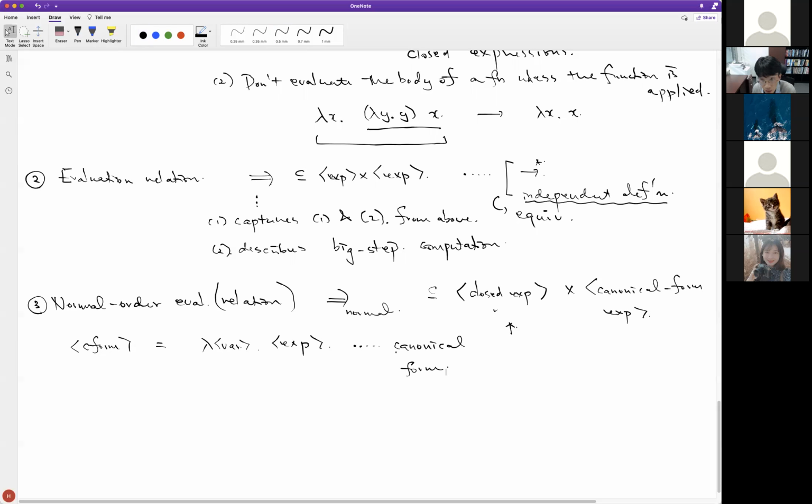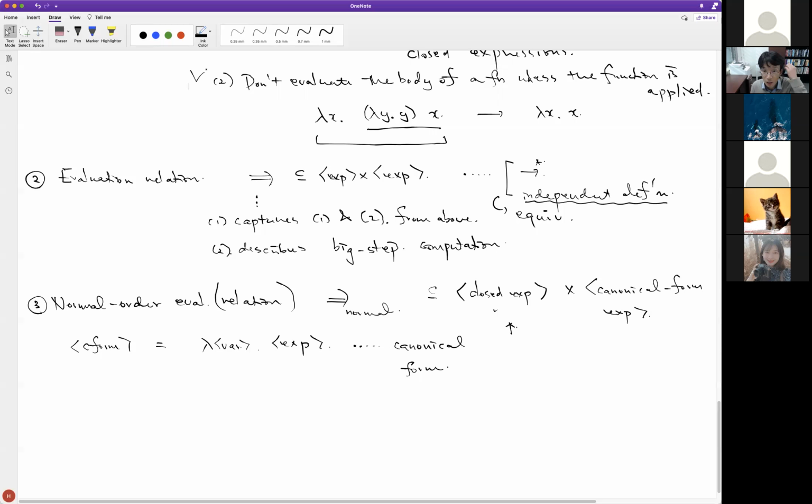and we identify this canonical form because of number 2, the one on the top. We are trying to capture the computation which does not evaluate the body of functions unless the function itself is applied, which means that a lambda abstraction, if we just have it as it is, is the final answer of what we are going to get.